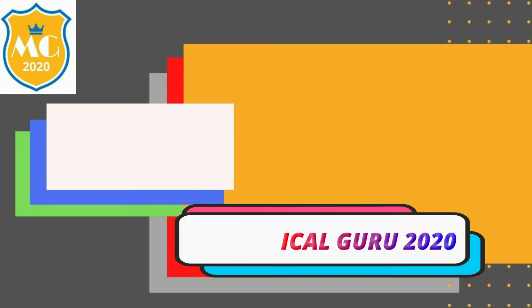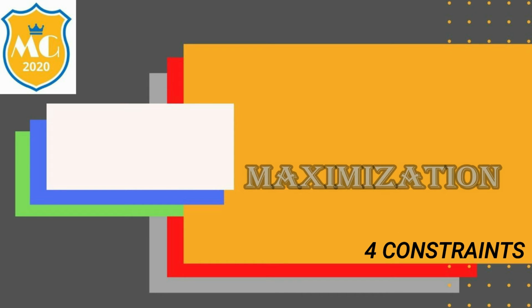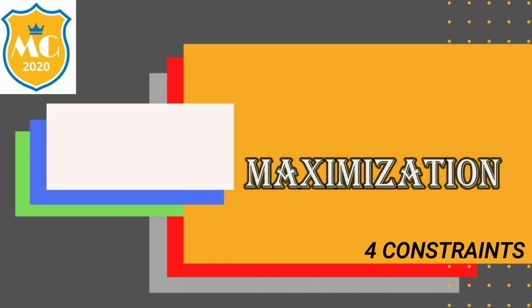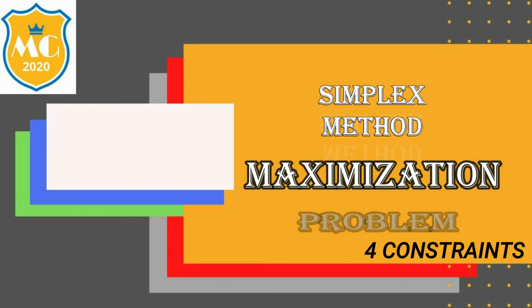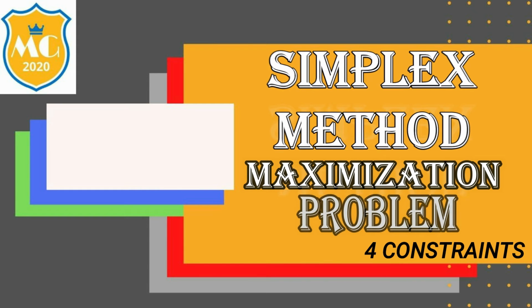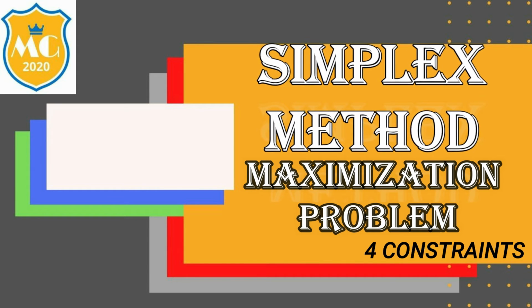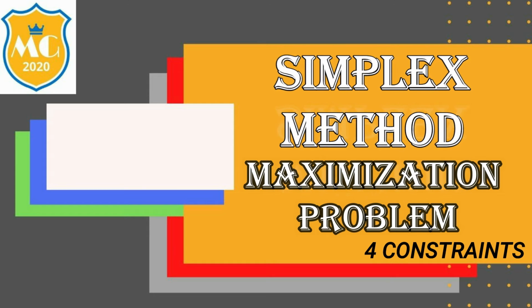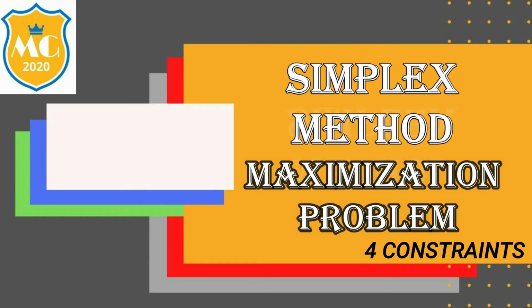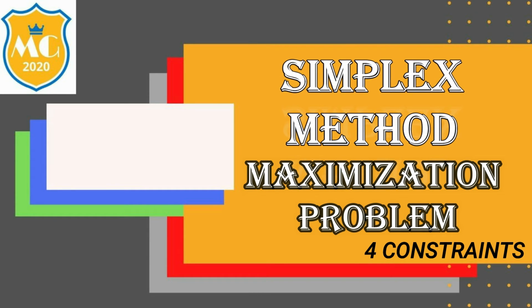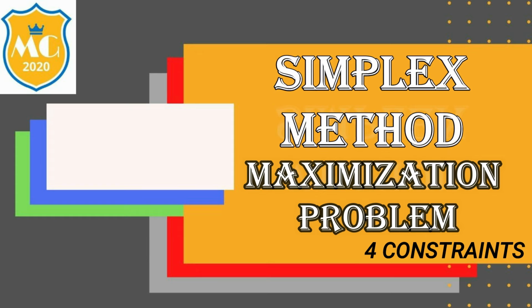In this video, I will solve a maximization problem with 4 constraints by the simplex method of linear programming. I have been observing that plenty of students take more time to find the optimal solution in this method. So here you can easily digest it.